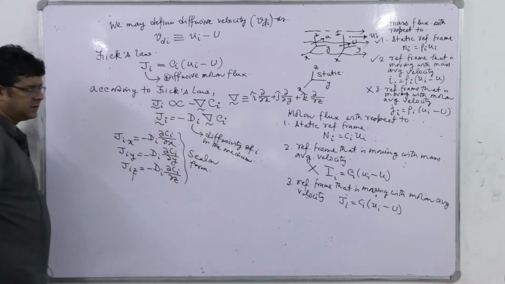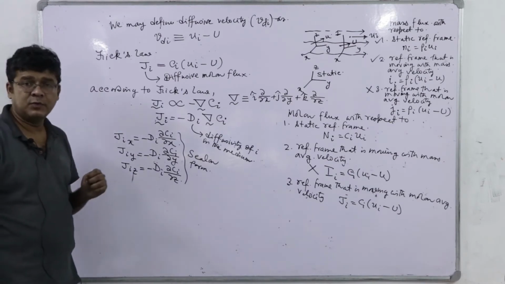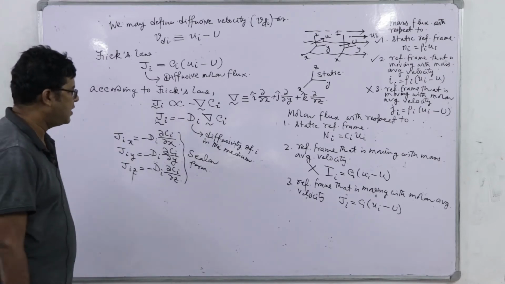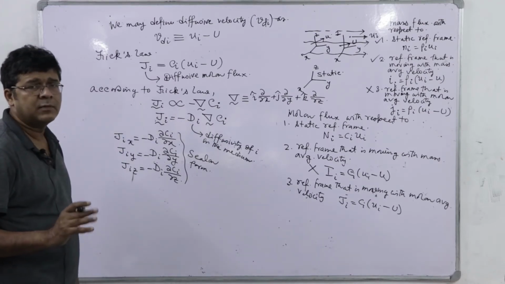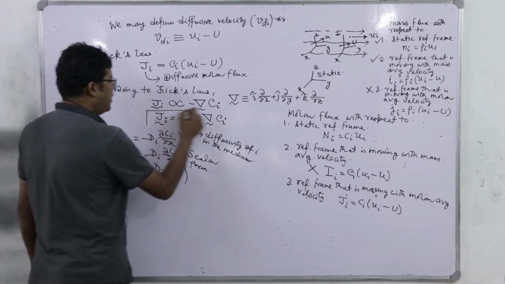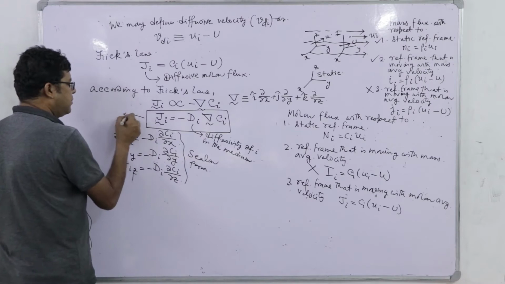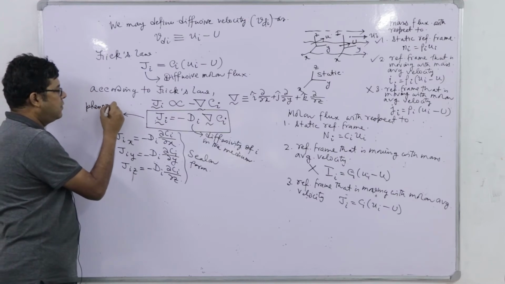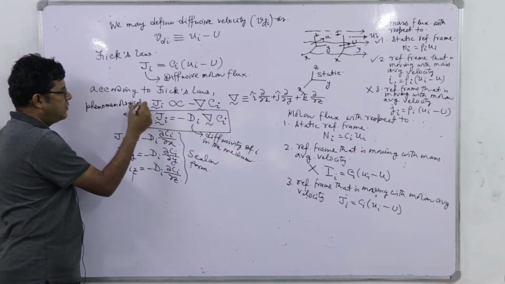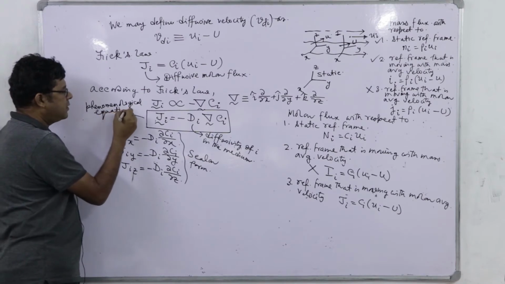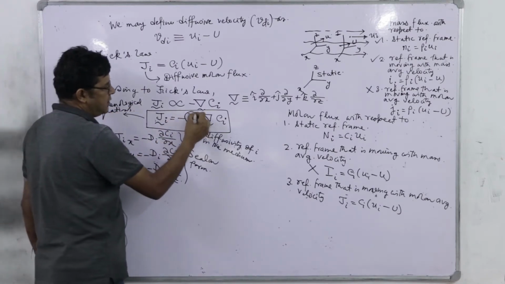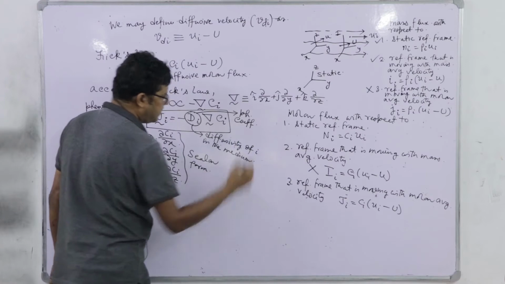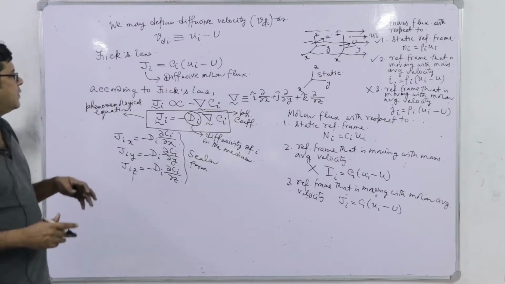Now, this sort of equation, this Fick's law, cannot be theoretically proved, at least within our classical domain of understanding. It is an outcome of observation. So, Fick's law belongs to a class of equations called phenomenological equations, and this Di, the constant, is the phenomenological coefficient.